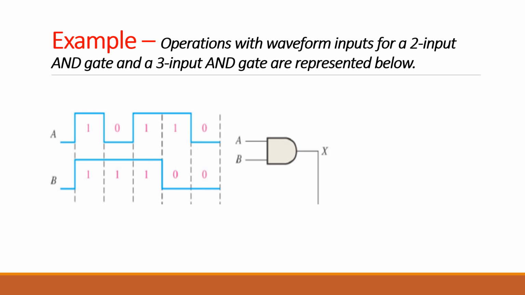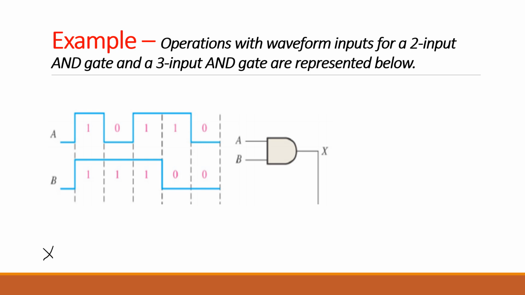Operations with waveforms: input for a 2 input AND gate and a 3 input AND gate. Okay, this is a 2 input one. Can you draw the truth tables? I hope we did it. So can you draw the X, the output? How do you draw the output?